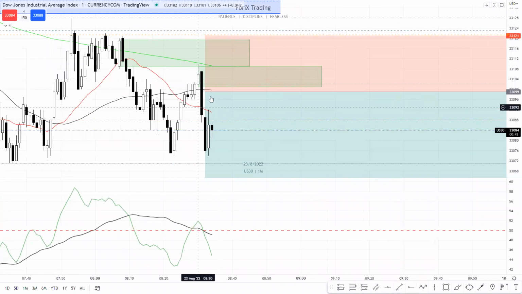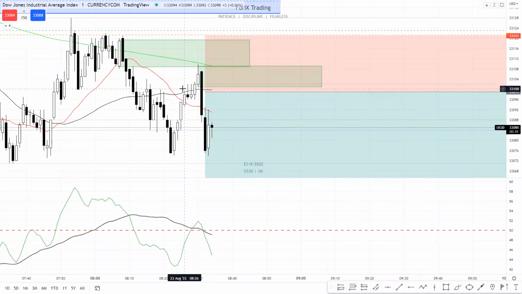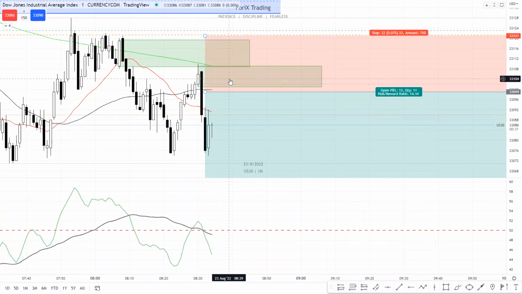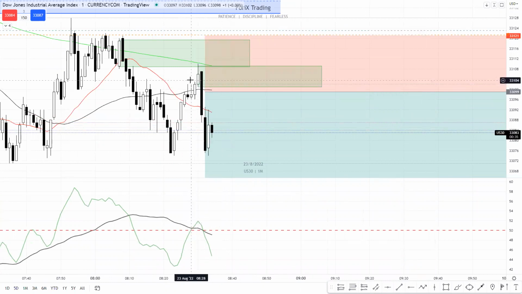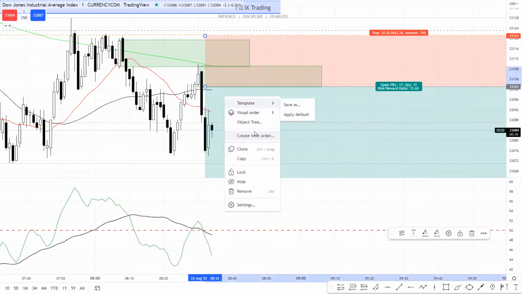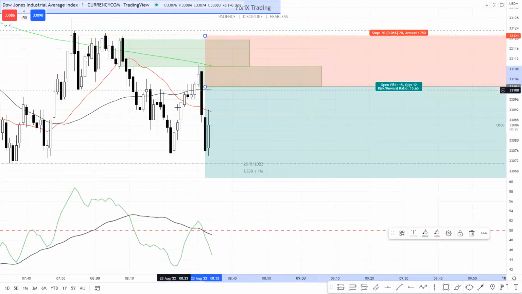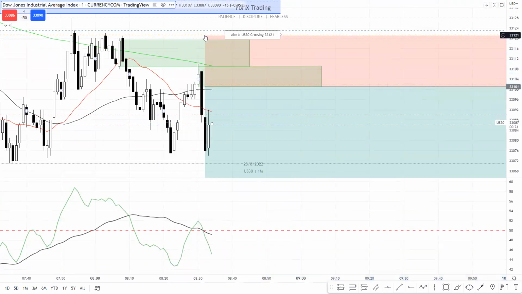I just want to sell from that supply. I would potentially sell from this point here. It's definitely possible. So, stop loss.